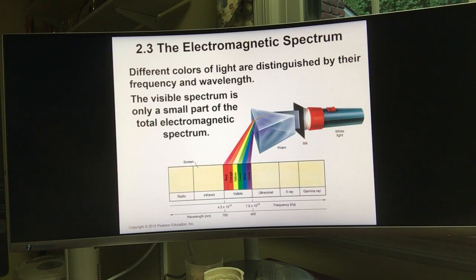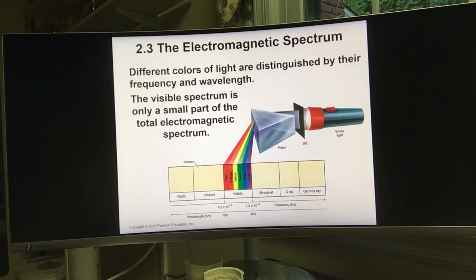Different colors of light, or different types of electromagnetic radiation, have different frequency, or we can say different wavelength. This is actually a very important concept. I hope that everybody can remember it after today's lesson.